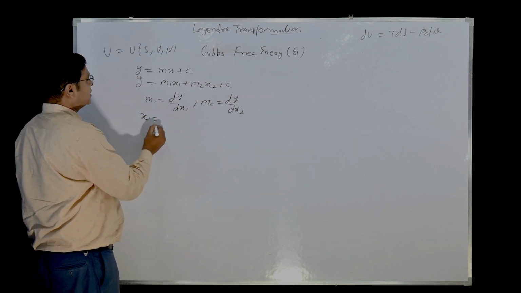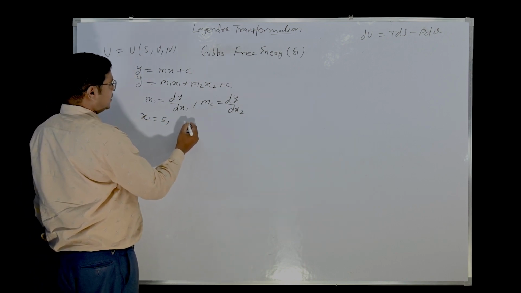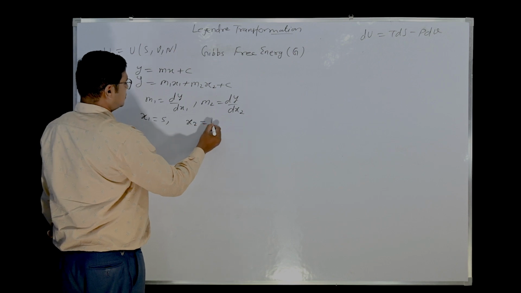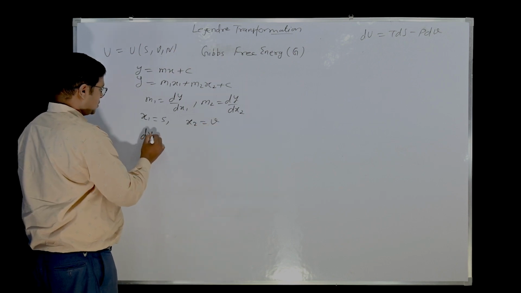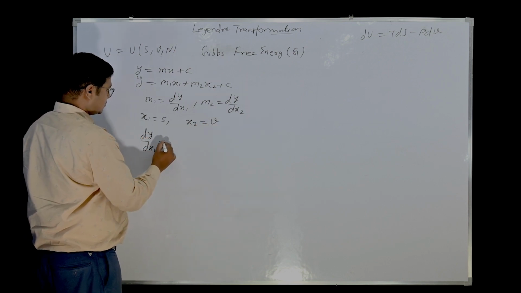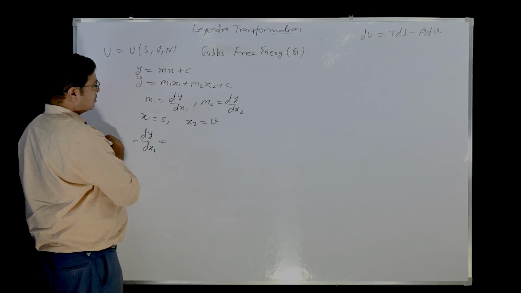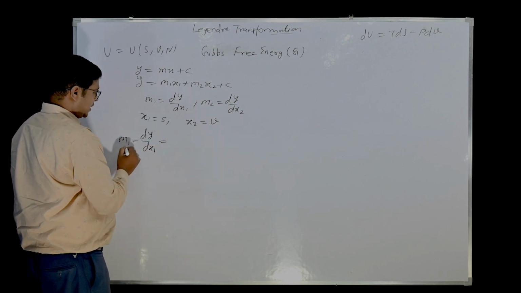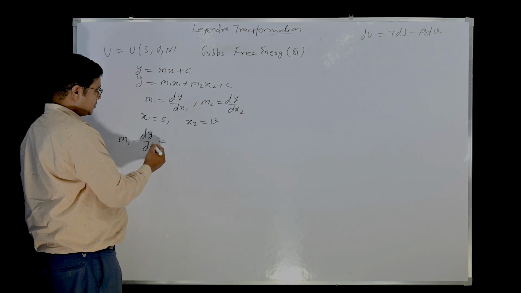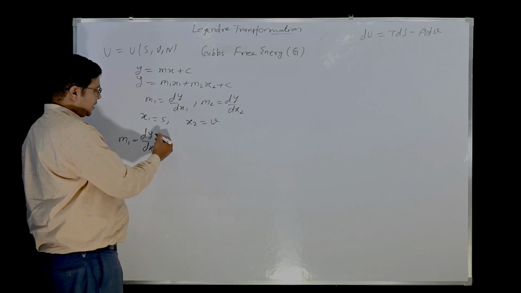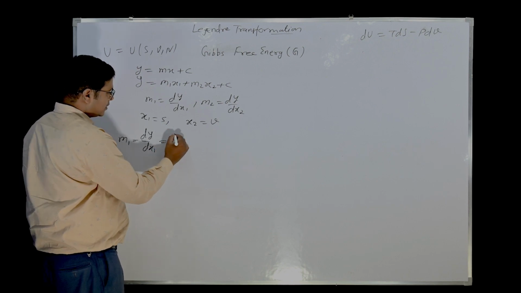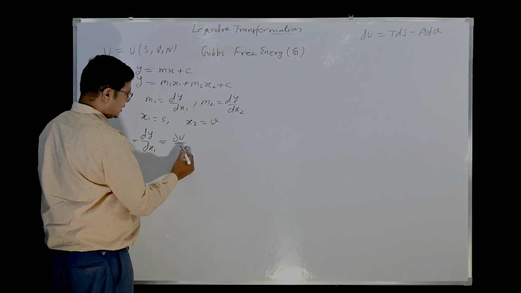In this case x1 is s and x2 is v. So m1 is equal to dy by dx1, and therefore du by ds.